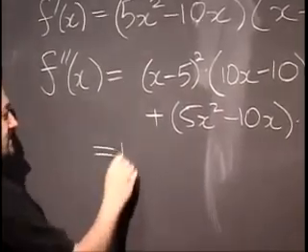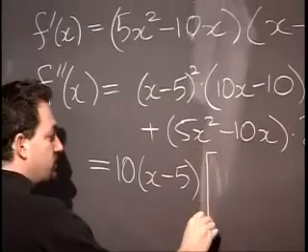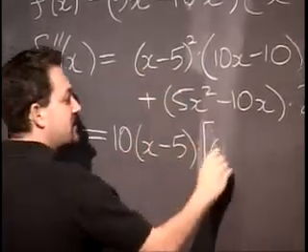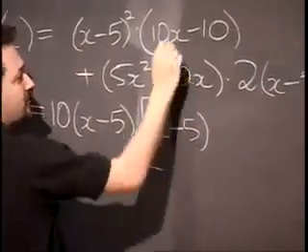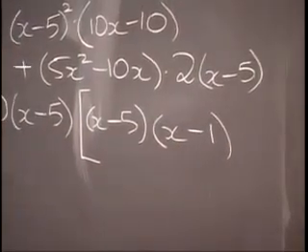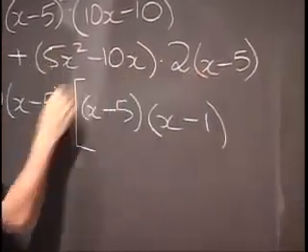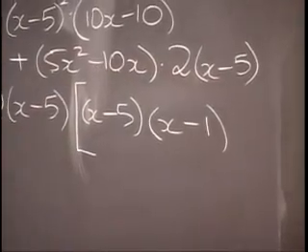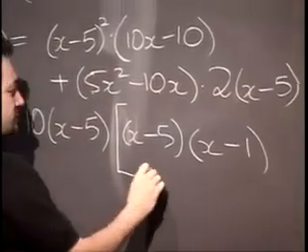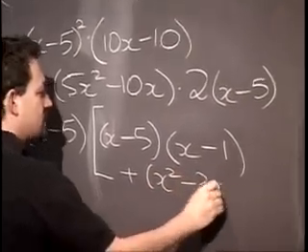So let's pull out 10. Let's pull out x minus 5. The first factor, we're going to get an extra x minus 5, and we'll have an x minus 1. Whereas the second factor, that x minus 5, the 2 and the 5 I'm cunningly taking out as a 10, and you'll find you simply get x squared minus 2x.